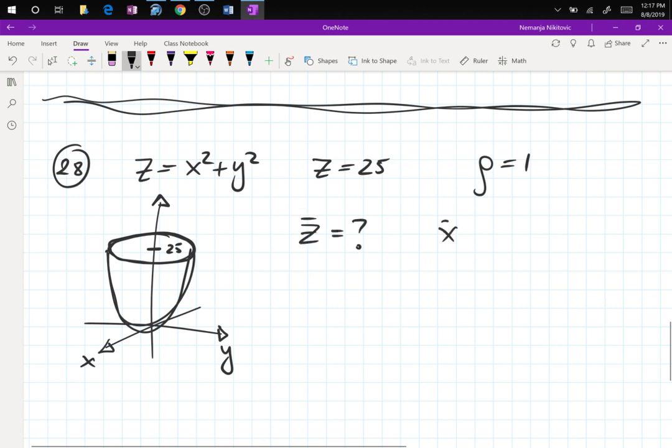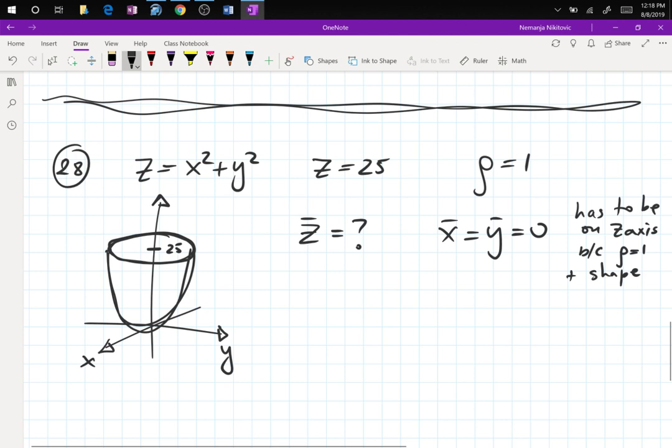We know that x bar equals y bar equals 0 because it has to be on the z-axis in this particular problem, because rho equals 1 plus the shape. So you know what I mean on there.